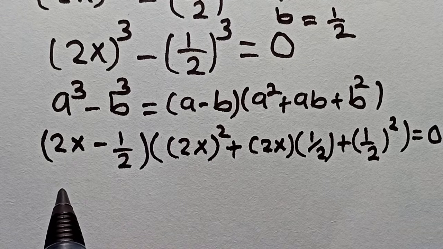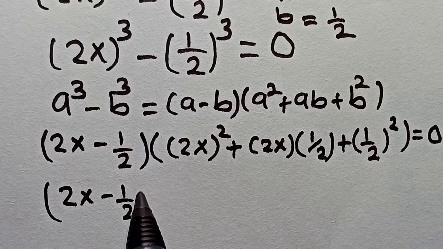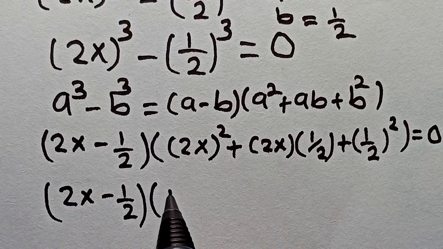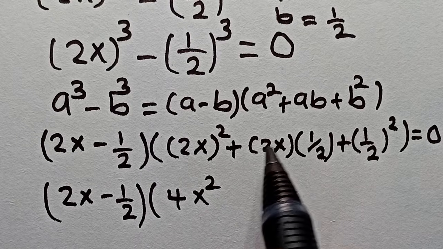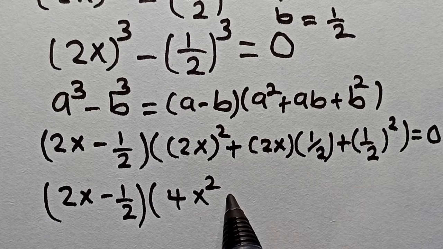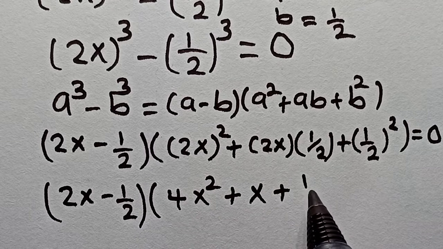Now from here we have 2x minus 1/2, then here will be 4x squared. This divided by this will be only x left, plus this will be 1/4, equals 0.